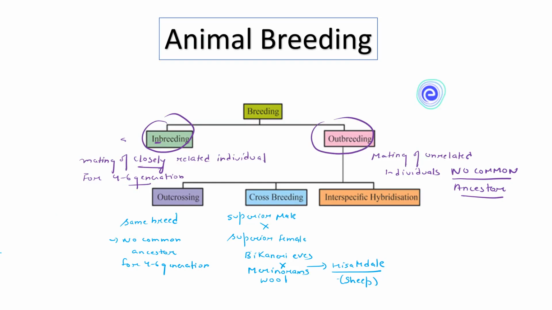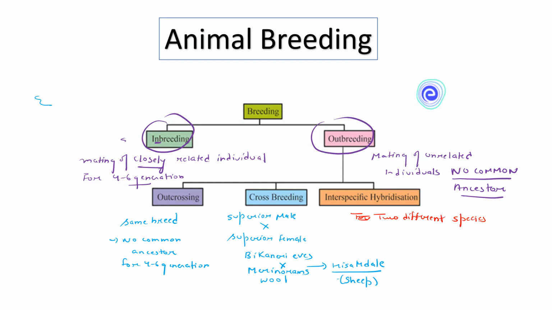Next is interspecific hybridization. In interspecific hybridization, it is mating between two different species. They don't have a common breed.